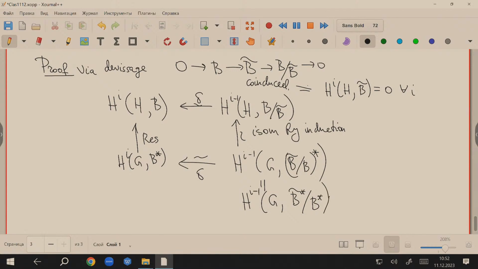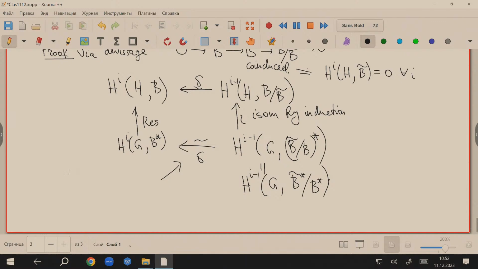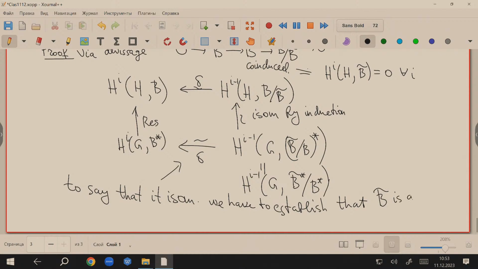And what you have to do, in order to say that this is an isomorphism, is to establish that B tilde star is also co-induced for G. Because only in this case can we write down the long exact sequence and say that both sides vanish.